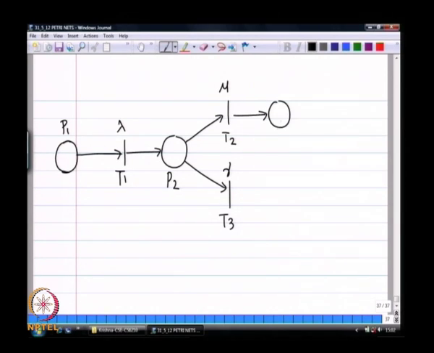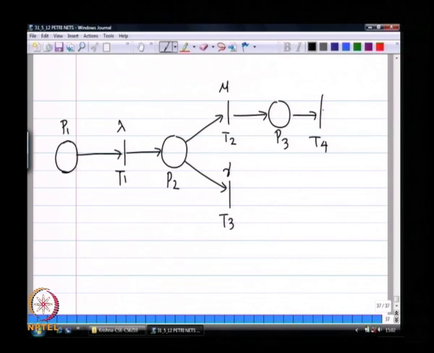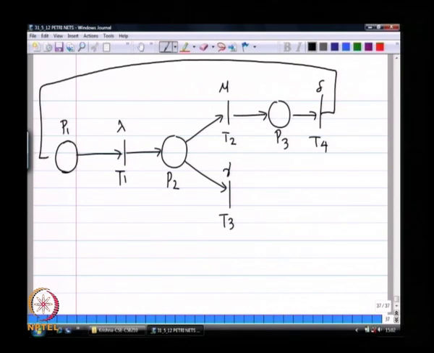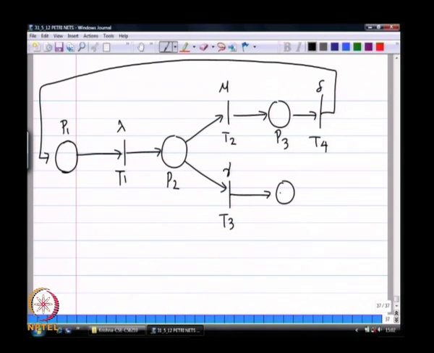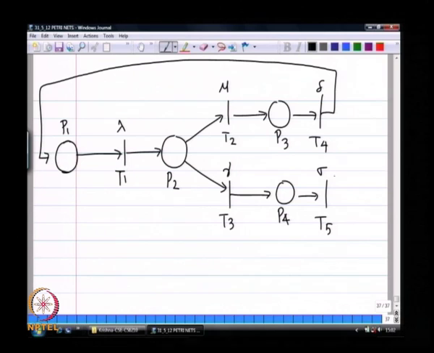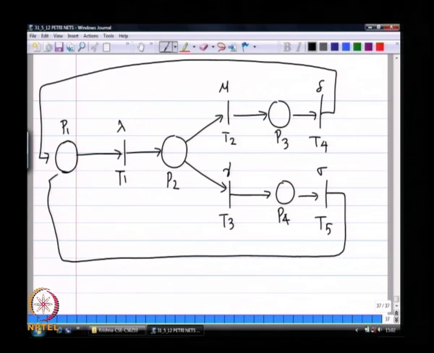This goes to another place P3, which goes to another transition T4 with parameter delta. After that I come back here, and from here I go to P4, from P4 I get connected to transition T5 with parameter sigma, and I come back here, and I can start this system.